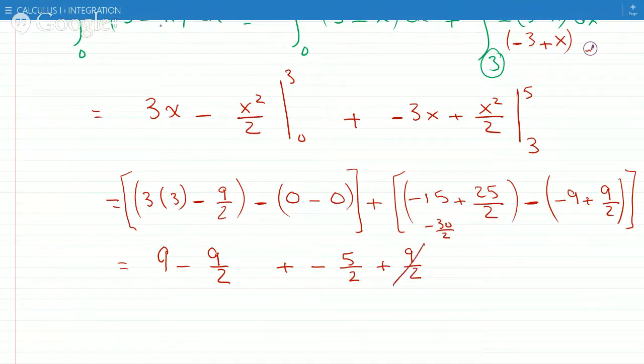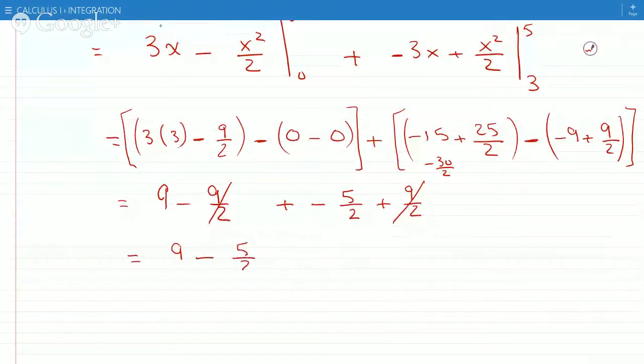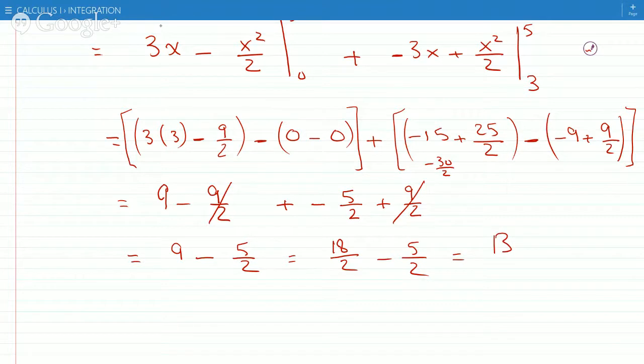So this 9 over 2 and this 9 over 2 cancel out, and we are left with 9 minus 5 over 2. Again, common denominators, so this is 18 over 2 minus 5 over 2. And our final answer will be 13 over 2.